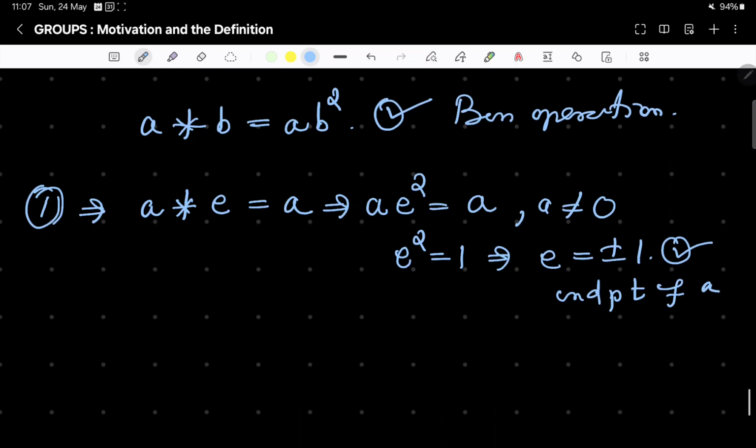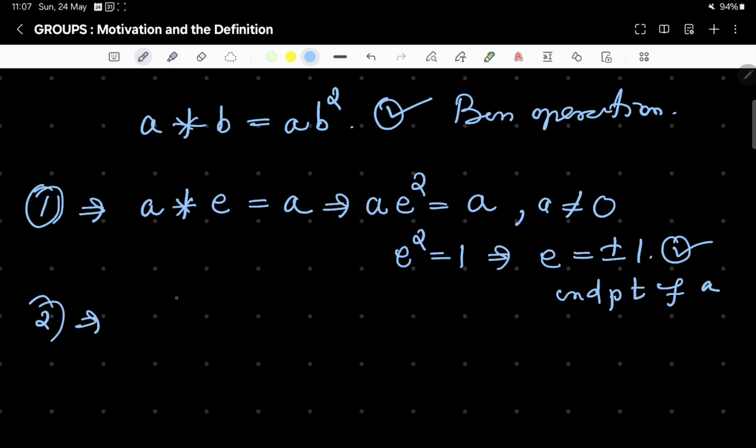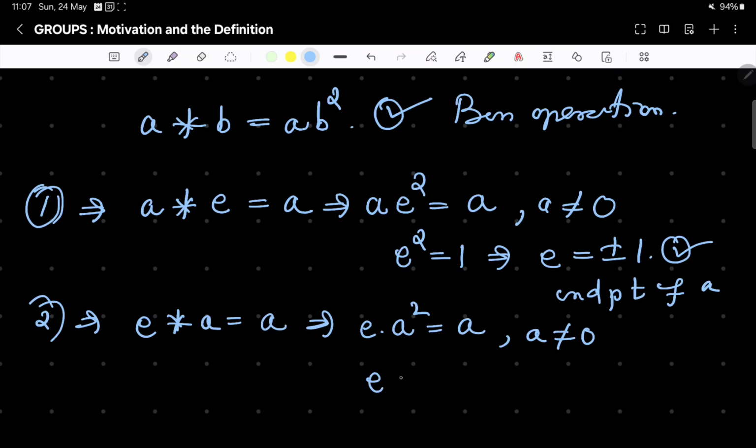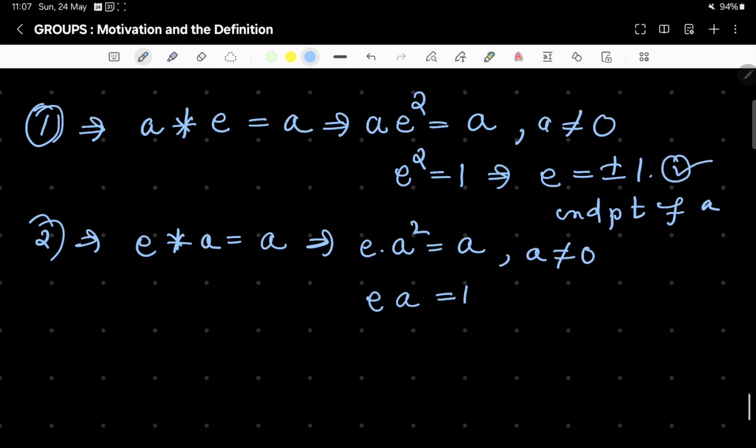Now secondly, I want to solve the other equation, E star A equal to A. So E star A will be E A square equal to A. In this case also I assume A not equal to 0. Then what I will get is E A equal to 1.